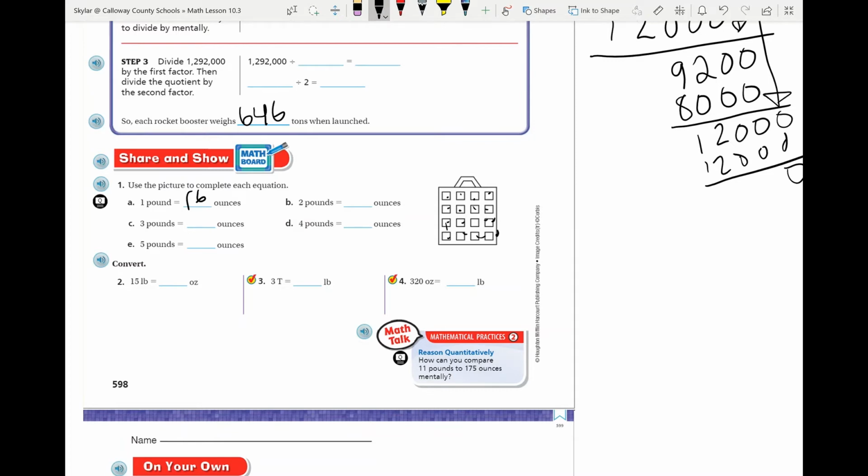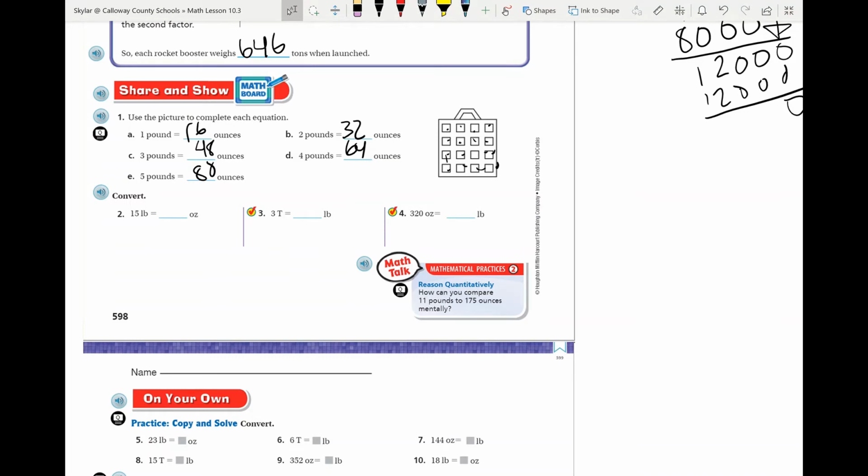Since we're going from a bigger unit to a smaller unit, we multiply. So 2 pounds is just 2 times 16, which is 32. Bet you all are noticing a pattern. 48, 64, 80. You're just multiplying whatever that number is by 16 to find out how many ounces there will be.